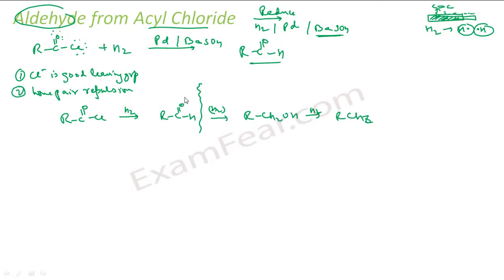To stop here, we need to poison. So the moment I'm saying poisoning, that means I'm making it a weaker reducing agent. Correct? So that is the purpose of barium sulfate, because this is a kind of porous metal, right? And if you put barium sulfate, it will sit in these holes and will make the whole metal less reactive. Correct?